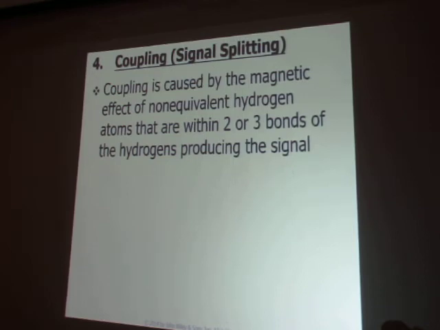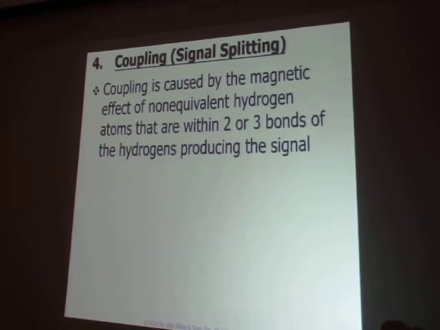Now I've got to be close, or my axe is not going to do anything. If I'm all the way over here, I can't reach him. You got to be within 2 or 3 bonds to do the splitting. But you're only going to split non-equivalent protons. You're not going to split equivalent. Splitting equivalent is like splitting yourself. You're not going to split yourself.